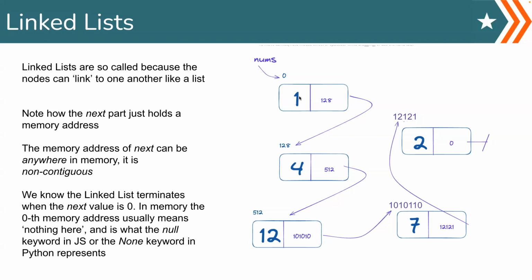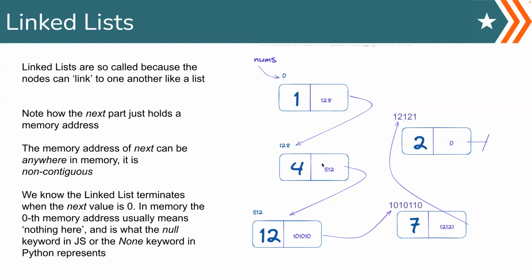So maybe each of these is 1 byte, right? That would make sense, like 8 bits. And so our first node in the list holds the value 1. It points to the location in memory where the second one lives. So these are not next to each other, right? It's like if I'm jumping around on a vinyl record, but somehow I know where to go for each next jump.